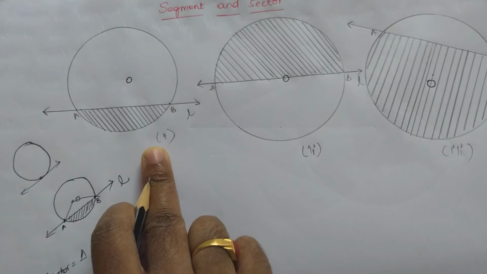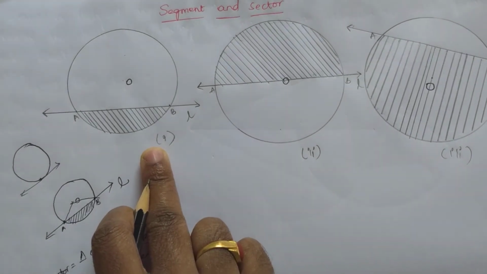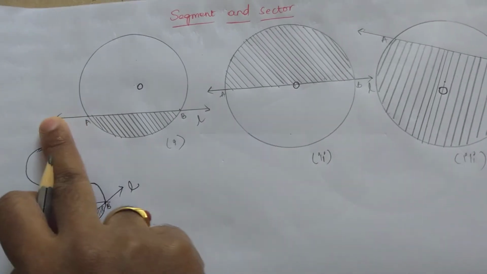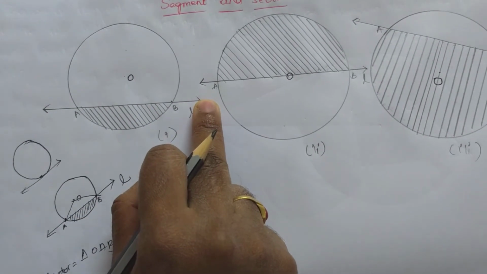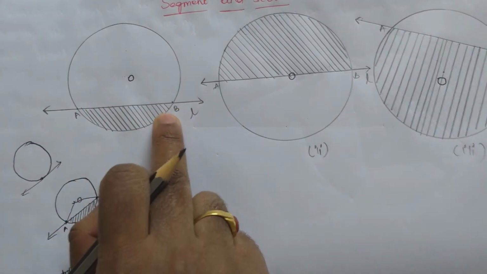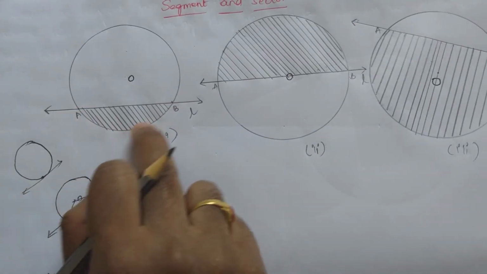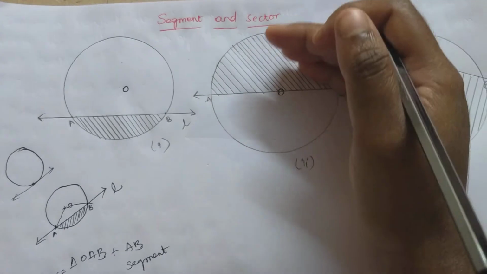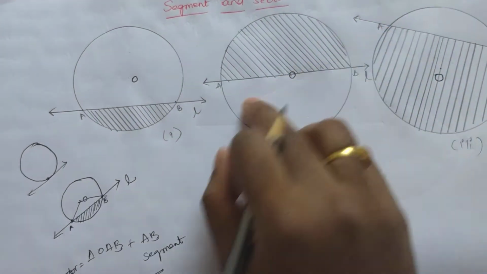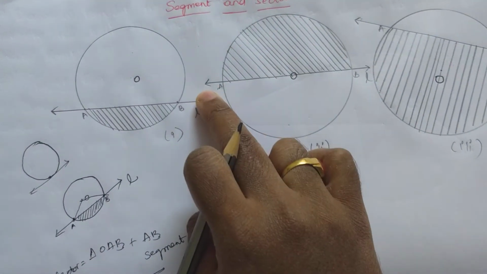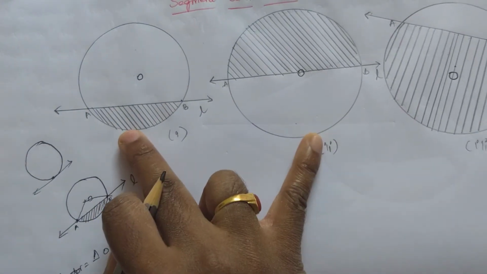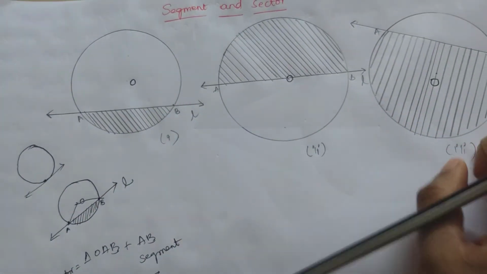Clear? So when you see the segment here in the first figure, it is a minor segment. Okay? Because this L is a secant to the circle and AB is the chord. So this is the minor segment. And when you see, this is a semicircle covering half of the portion of the circle. So this is called a semicircle. First is minor segment, the second one is a semicircle and the third one is a major segment.